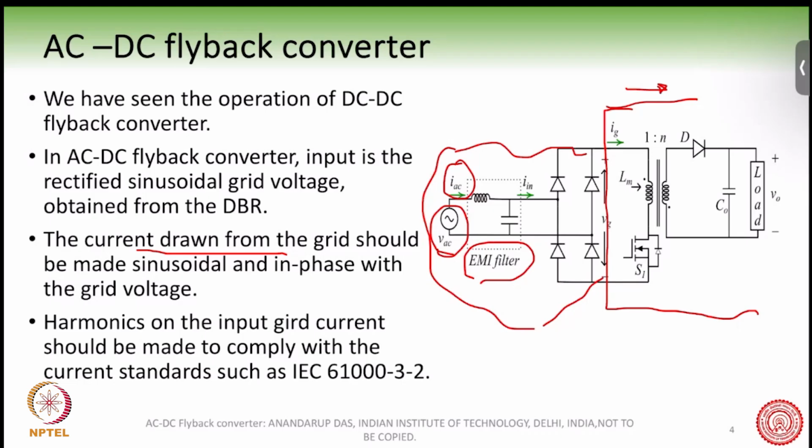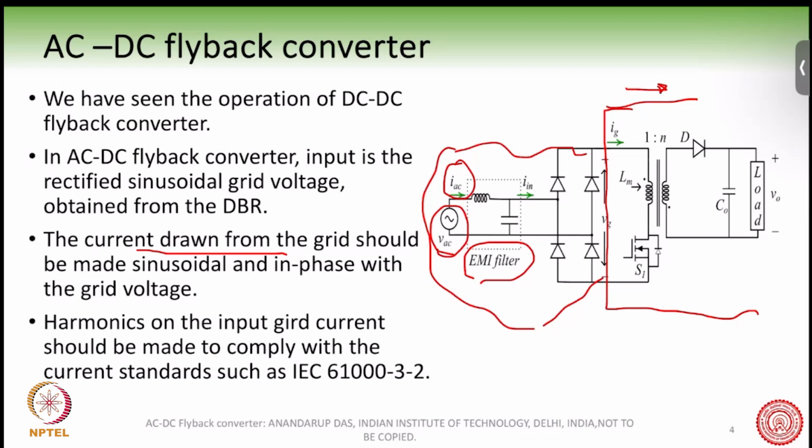This DCM operation of the flyback converter is beneficial because it can reduce the size. These AC-DC flyback converters are a lot of times used in commercial electronics, for example, TV power supplies or something similar. LED drivers are nowadays one of the biggest applications of AC-DC flyback converters.